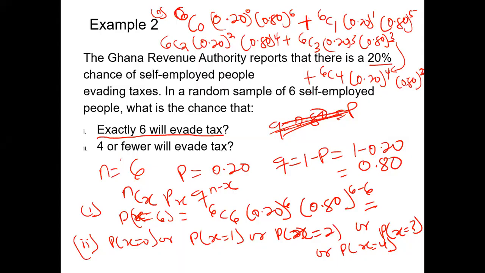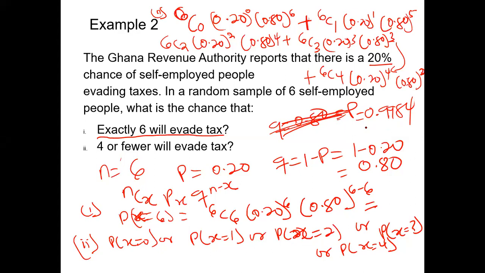All right, so once you sum it up, you should get around 0.9984.